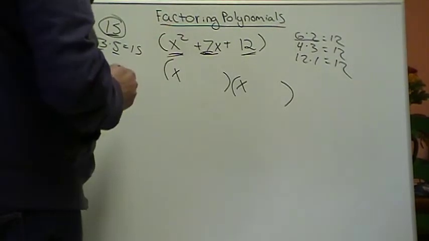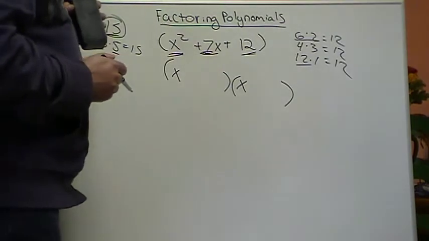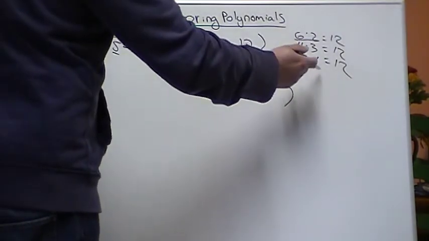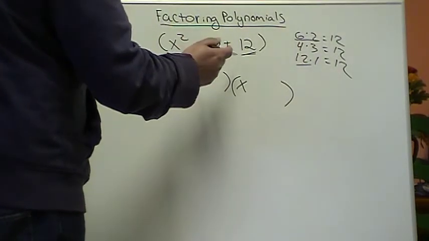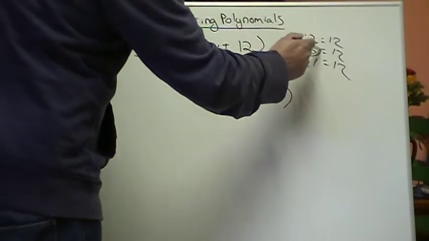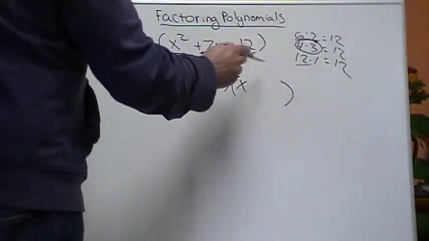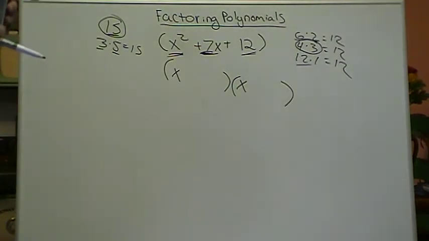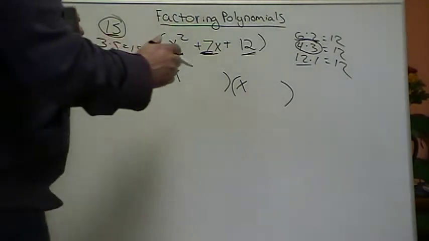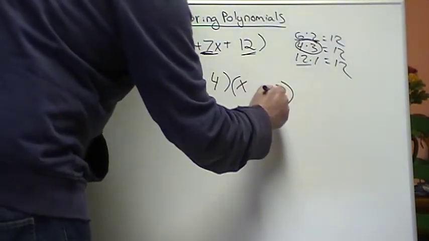We're looking for 7. This, when multiplied together, obviously gives you a 12. But when added together, it gives you a 13 or a 11, which is not a 7. But the 4 and the 3, when multiplied together, give you 12. And when added together, give you 7. So those are the factors that we're going to use here and here.